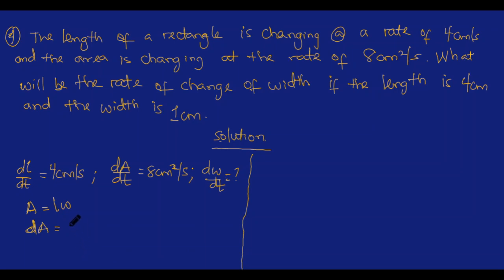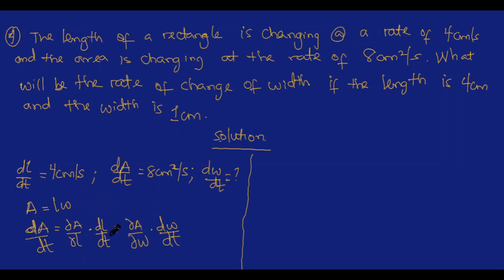So we can say that dA/dt is equal to the partial derivative of A with respect to L multiplied by dL/dt, plus the partial derivative of A with respect to W multiplied by dW/dt. When we are taking the derivative of A with respect to L, we consider W as a constant; it's called a partial derivative.